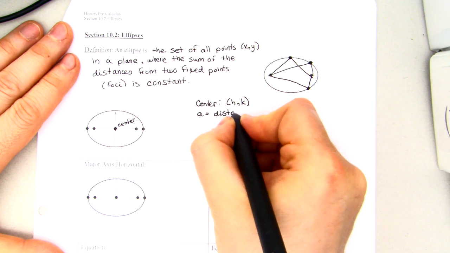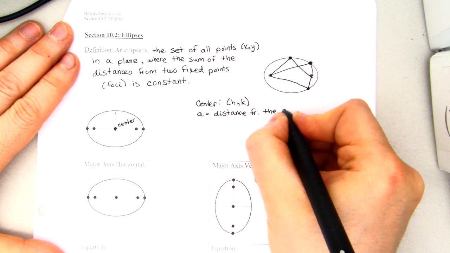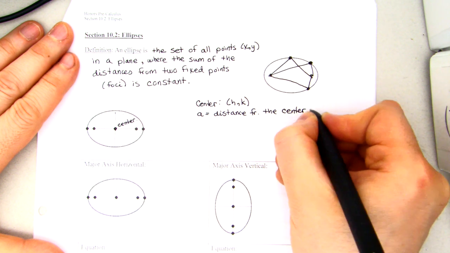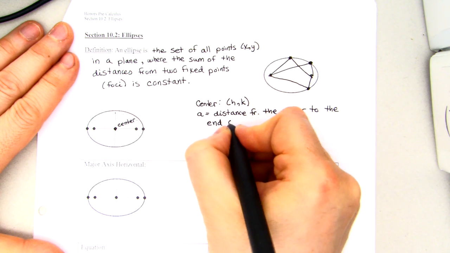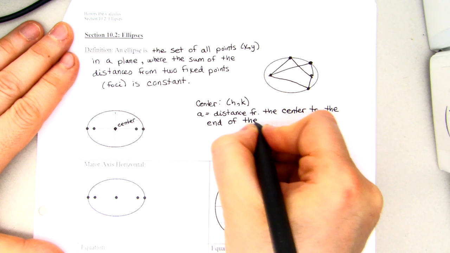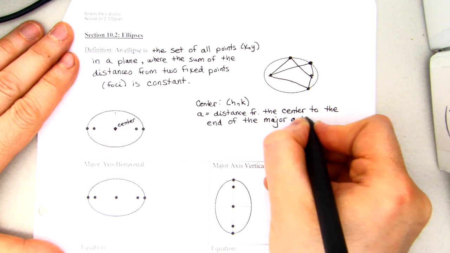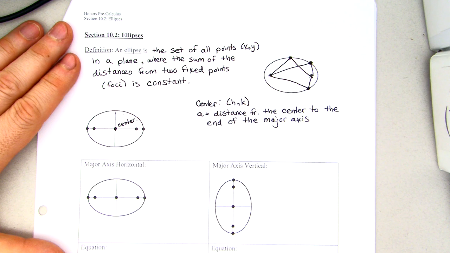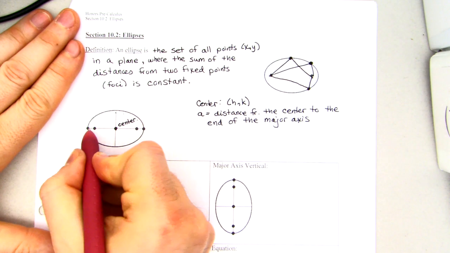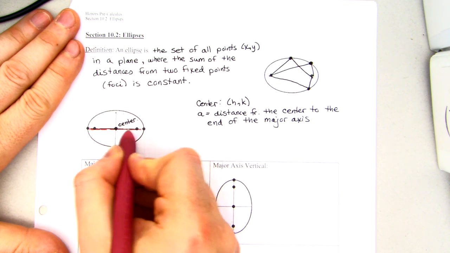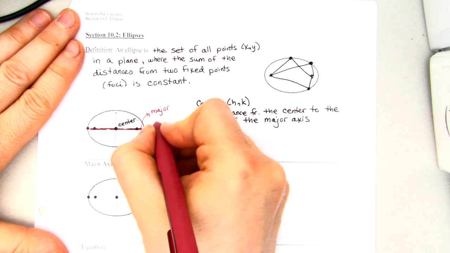A is the distance from the center to the end of the major axis. Before doing that, I probably should have highlighted the fact that this thing over here, that's my major axis.